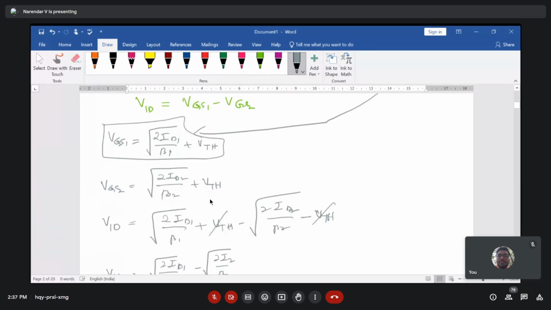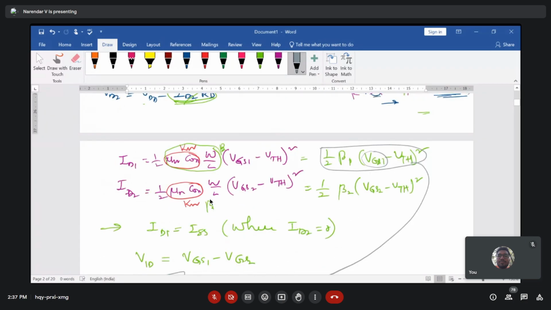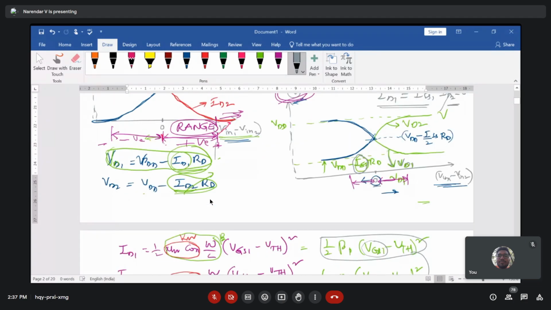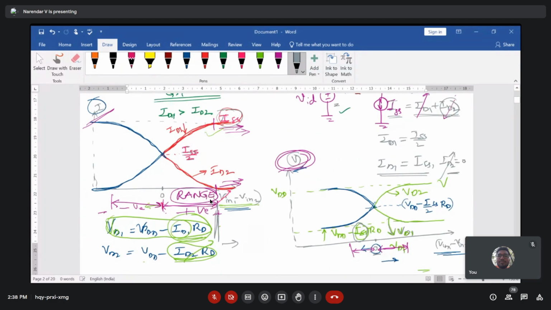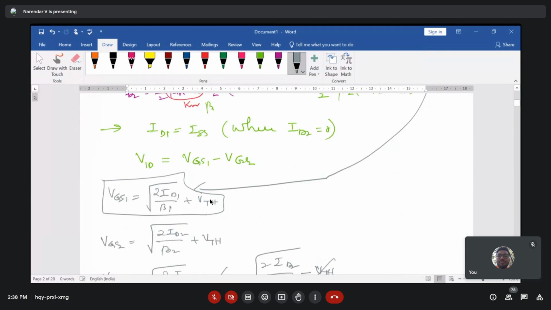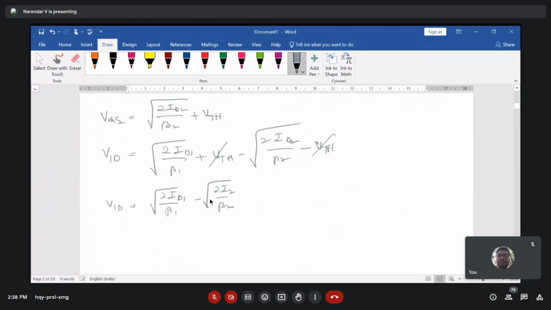And here is the point where the maximum differential input is applied, and after that the current is not going to vary. In this case, what is your ID1? ID1 is becoming ISS and ID2 is becoming zero. So ID2 becomes 0 at the maximum differential input.